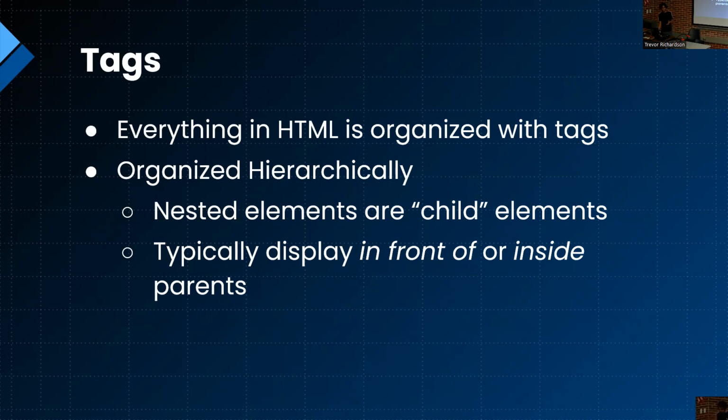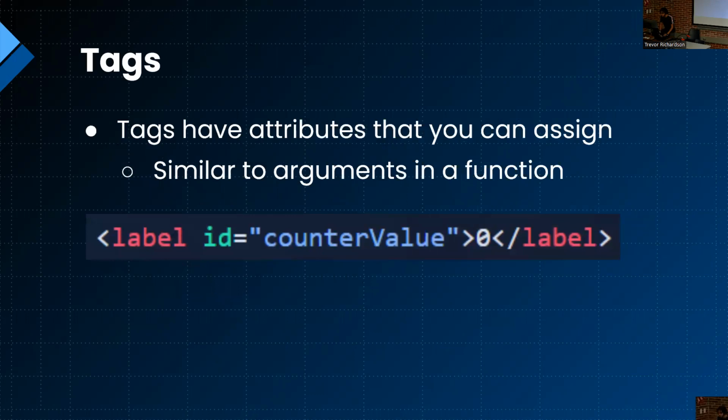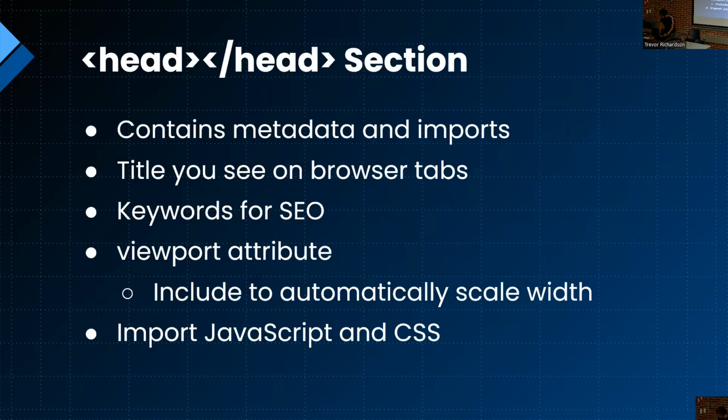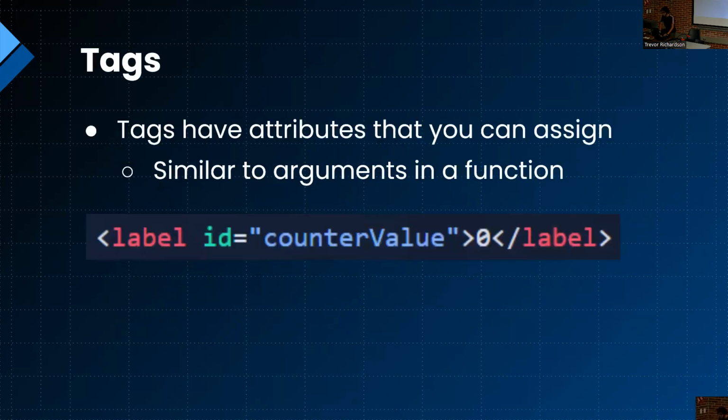Now, there is this whole tree called the document object model, or the DOM, which if you want to learn more advanced stuff, is basically the underlying model that HTML runs on. And it works in this tree hierarchy. So we'll get into some examples of that in a second. But just know for now, tags are everything in HTML.